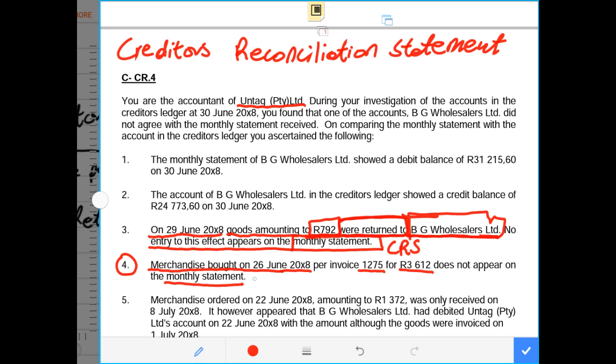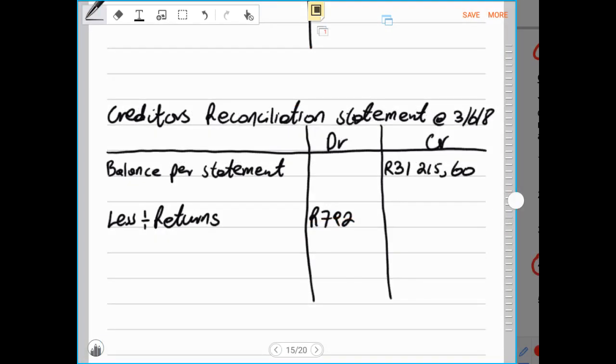So now this will again go to the creditors reconciliation statement, because an amount is omitted in the statement. So any correction that is done in the statement is recorded in the creditors reconciliation statement. So now the amount is 3,612. Remember, an amount that is omitted, which was a purchase, is supposed to be increasing our creditors.